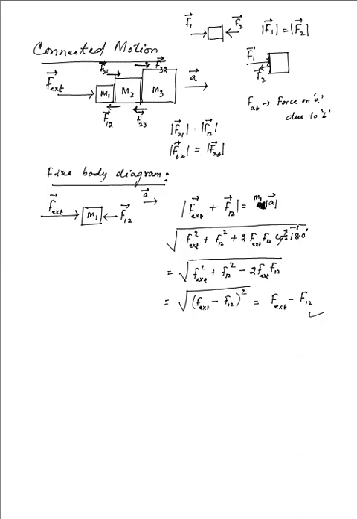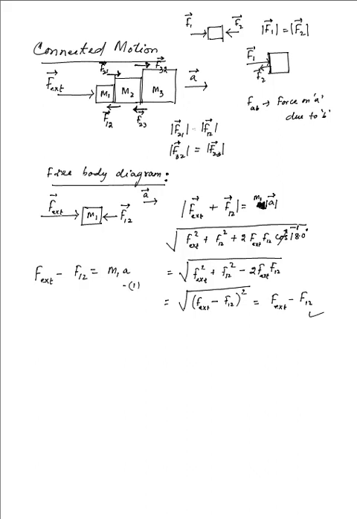We can consider the magnitude because we are observing a linear motion or a straight line motion, in this case a horizontal line of motion, so there's no problem with that. So this is the first equation that we can consider, that is F external minus F12 is simply equal to m1 times a.